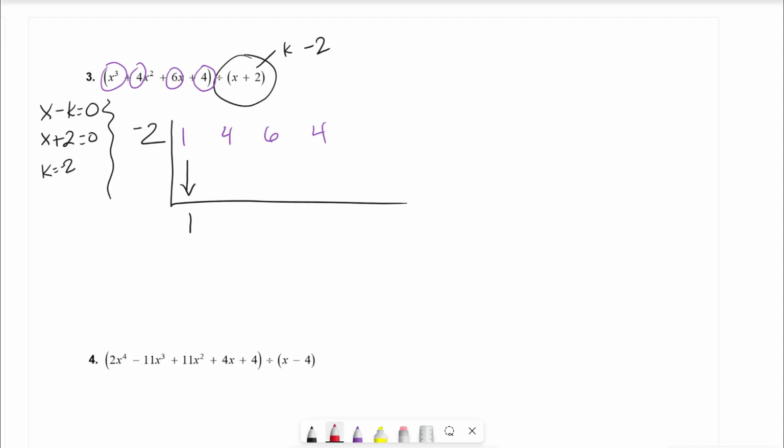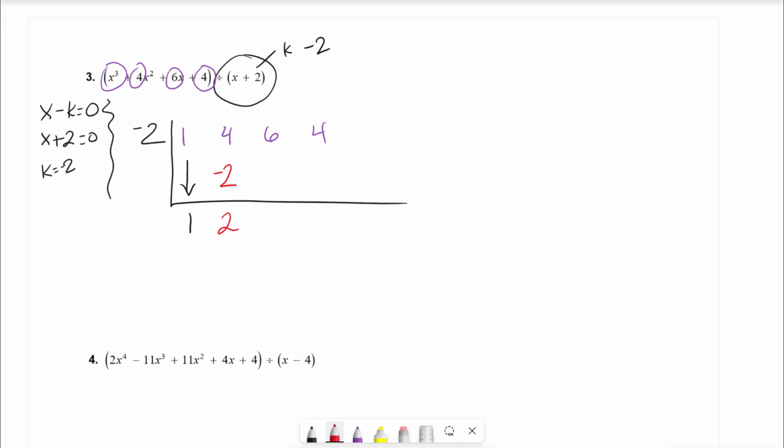Step number 2, multiply with k. Negative 2 times 1 gives us negative 2. Pop it down here. Step number 3, add these two. 4 plus negative 2 gives me positive 2.